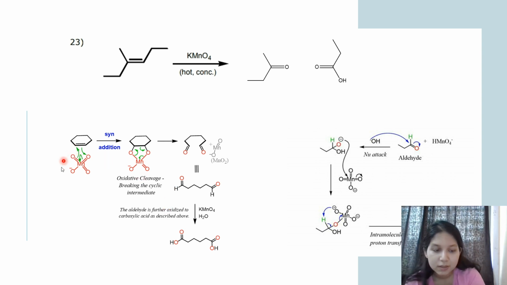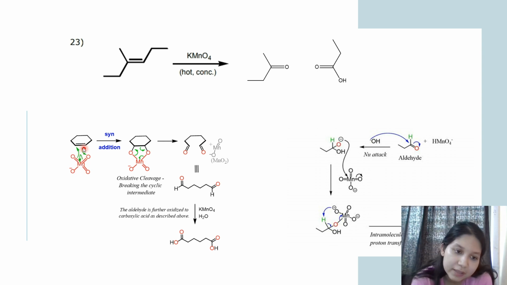First, the manganate ion will get added to the double bond, just like we saw in osmium tetroxide, okay? In a similar way, this manganate ion will get added to this carbon-carbon double bond. And since both the oxygen atoms of manganate are adding from the same side, you get this syn addition.